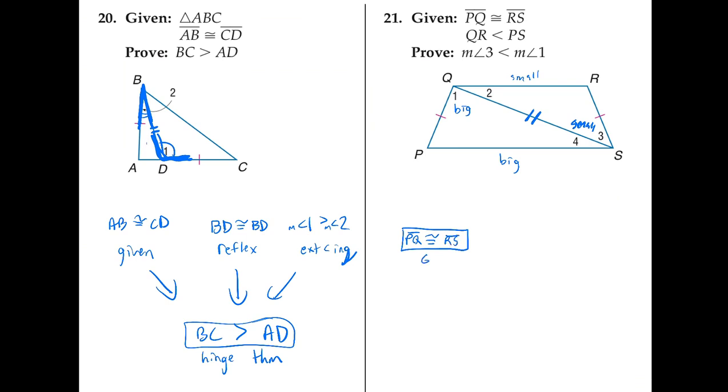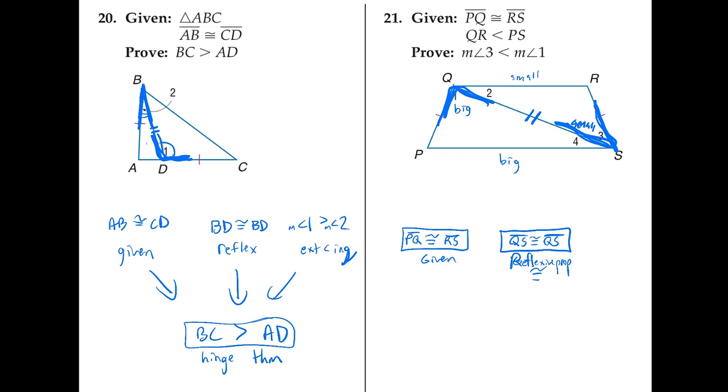That was just a given. And then we say, well, and also QS is the same as itself. So we've got the two congruent sides. Oh, not given. That was reflexive property. Reflexive property of congruence.